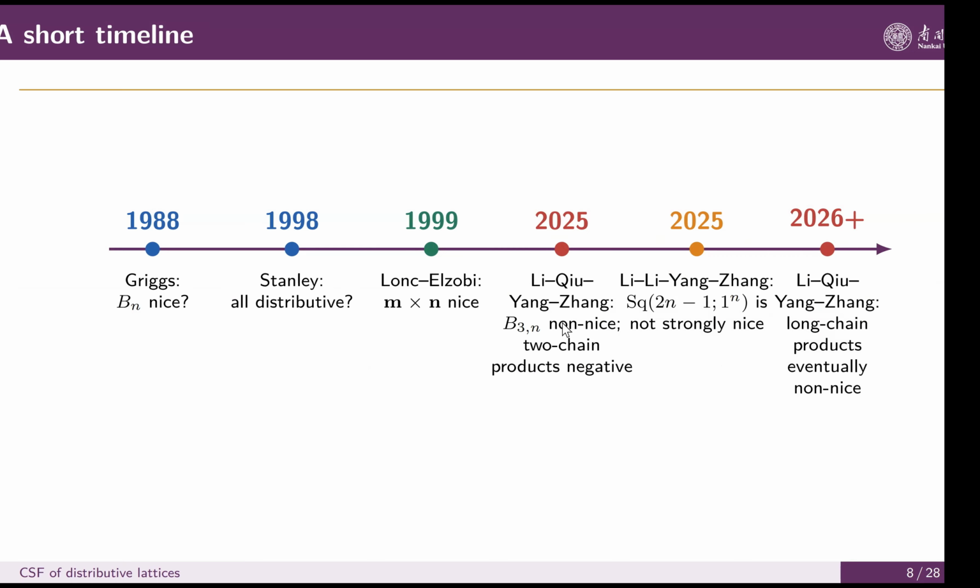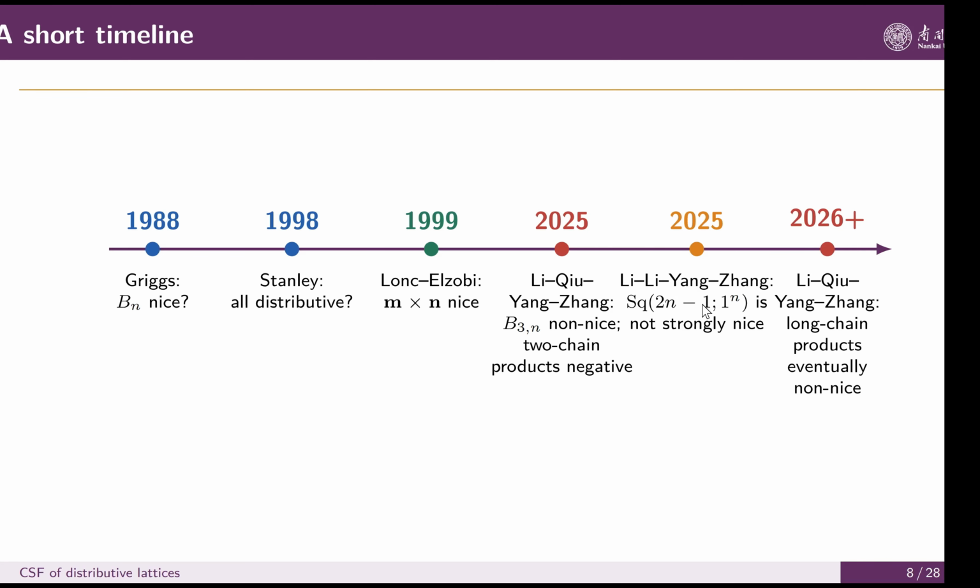And in 2025, our group proved that there are several families of non-nice and non-Schur positive distributive lattices, giving a negative answer to Stanley's question. Later in 2025, Li, Yang, and Zhang defined the strongly nice property, which is also weaker than the Schur positivity, and they used it to prove several non-Schur positive results.